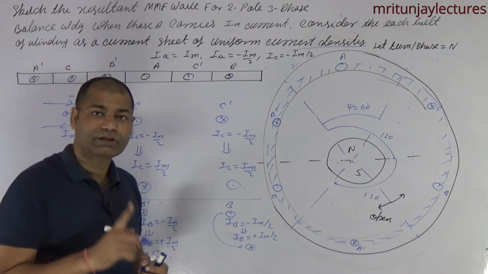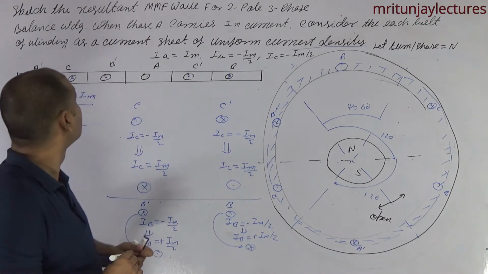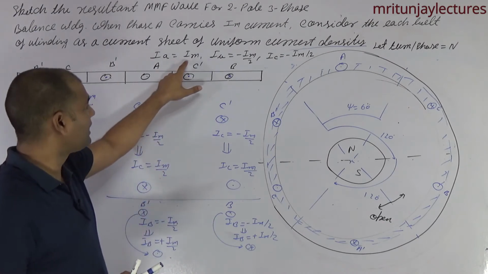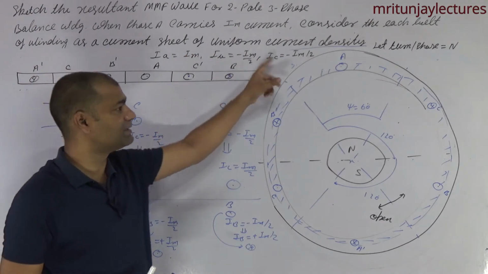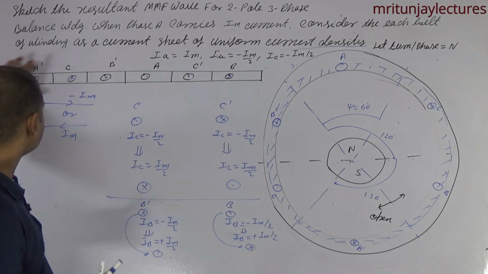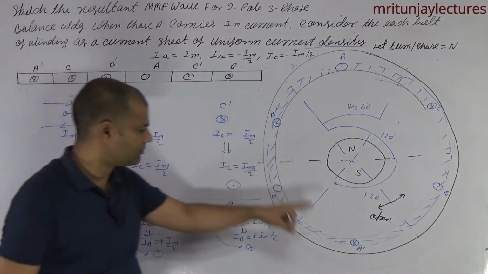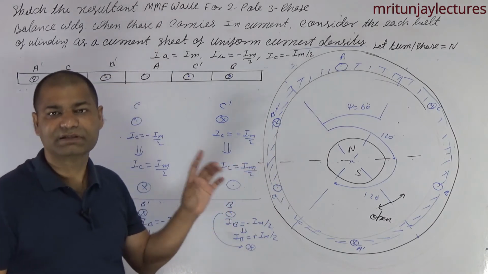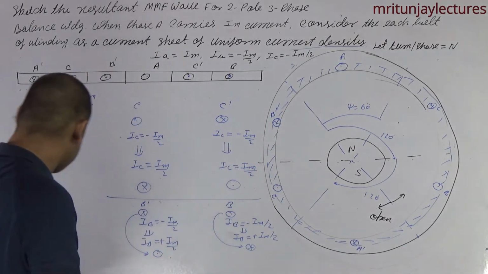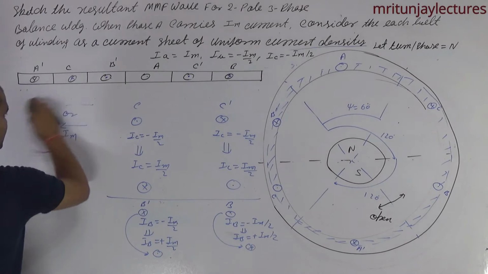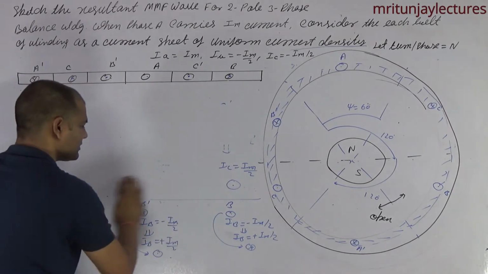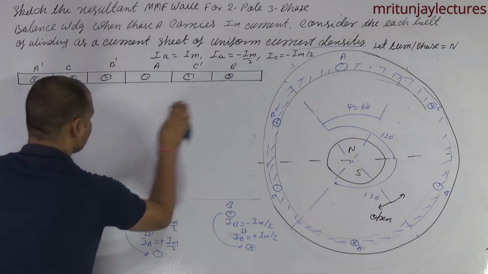Our motto is to draw the resultant MMF diagram when IA is equal to Im; at that time IB and IC are like this, and that time the polarities of A dash, B dash, C dash are like this. With the help of this conclusion, we draw the MMF diagram.